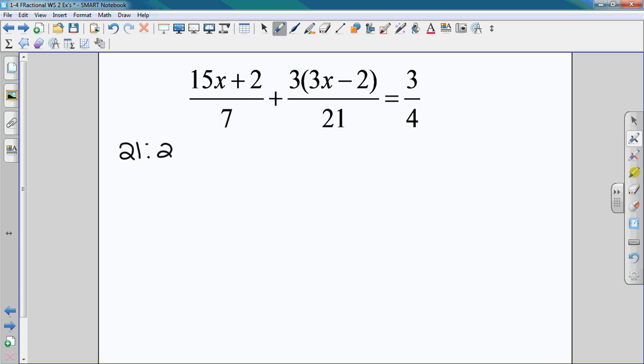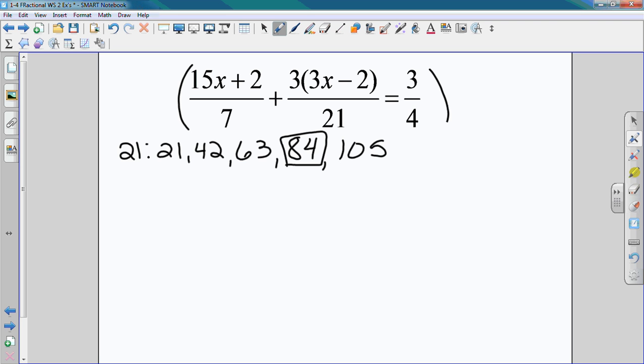I have 21, 42, 63, 84, 105. Okay, now let's look at these. 21, no. 42 is divisible by 7, but not by 4. 63, no. 84, yes. 84, you were right. Okay, now you're going to multiply the whole thing by 84.